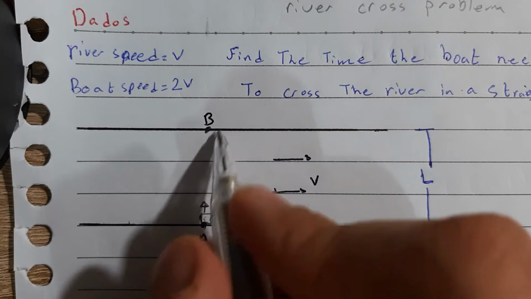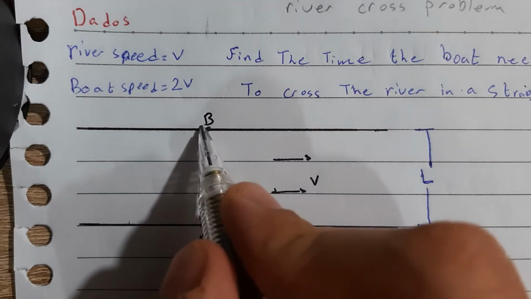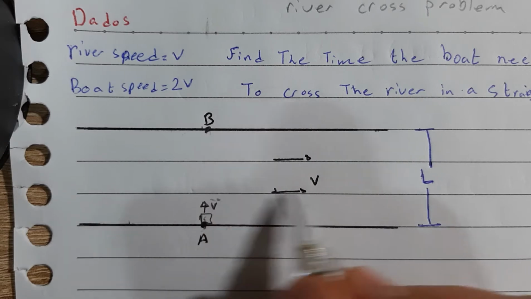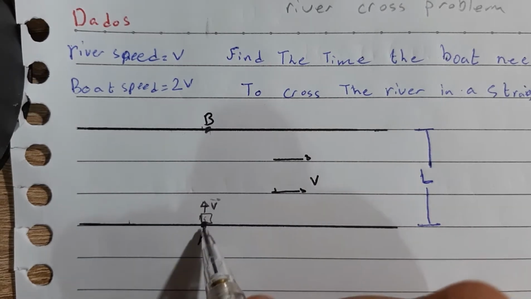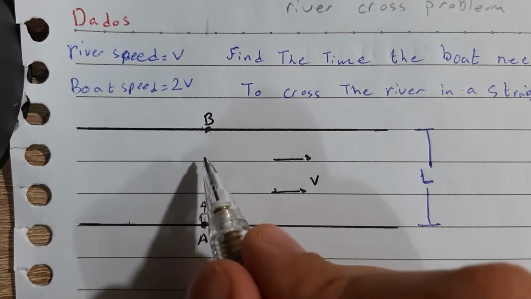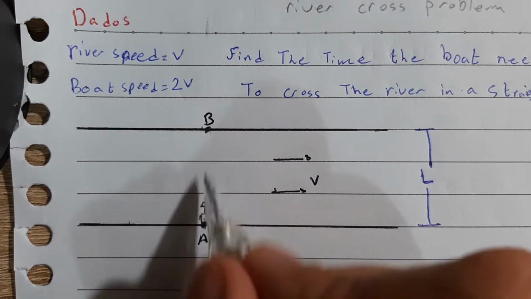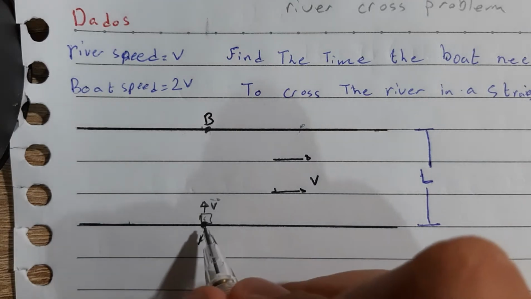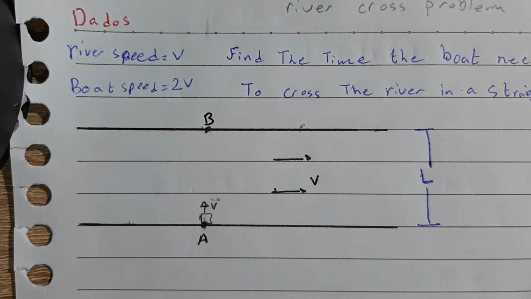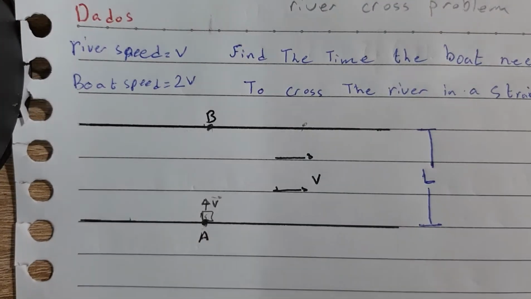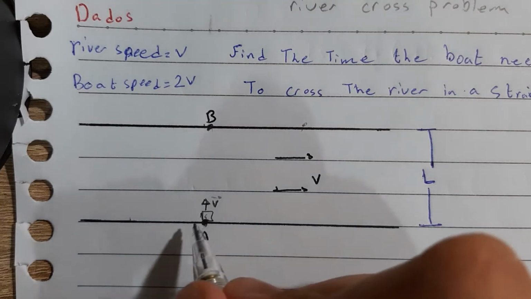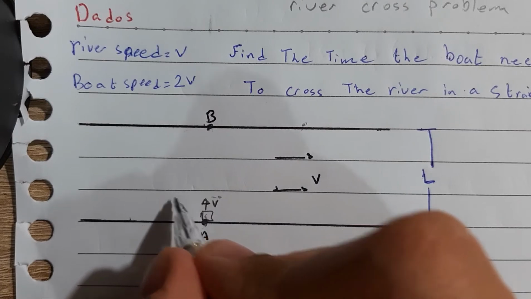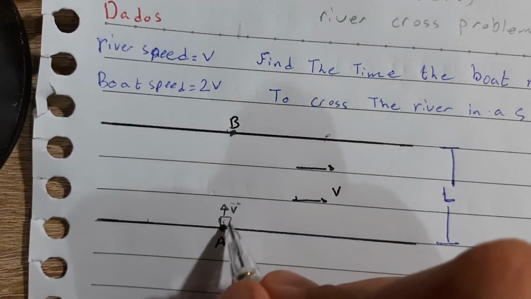If he goes from here to here with this velocity, the river will end up dragging him, and he won't go in a perpendicular straight line, okay? So he will end up over here, right? So that's the question. If you want, try doing it by yourself. You will need a bit of trigonometry, okay?